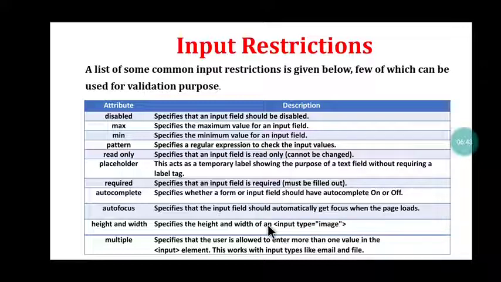When we send an email, we use different people's email IDs, not only one, more than one. Similarly, when we upload files, it is not necessary to upload only one file, we can upload more than one file. So that is called the multiple attribute. It allows you to send multiple items on the web page.